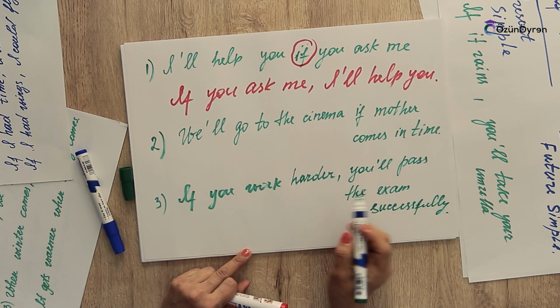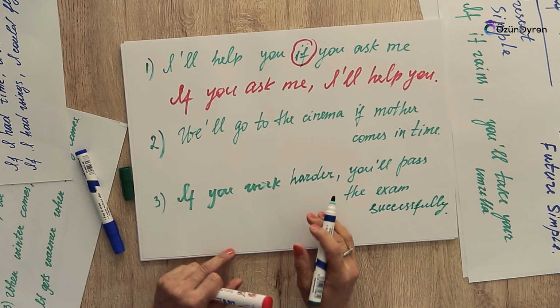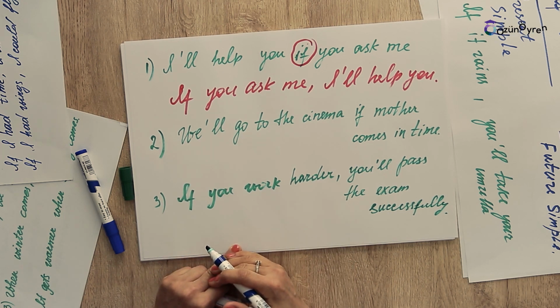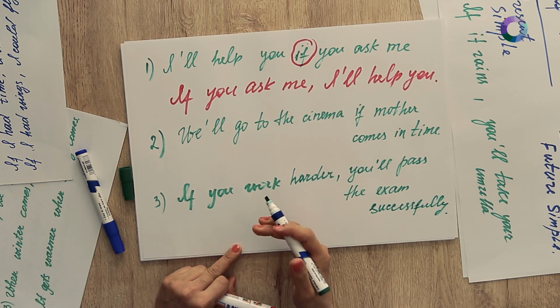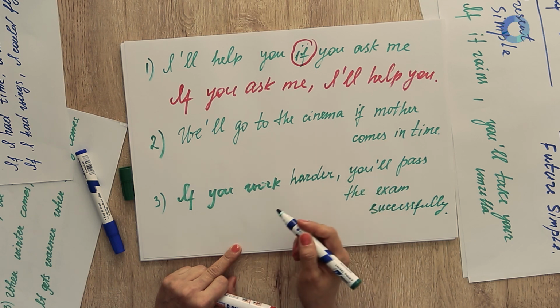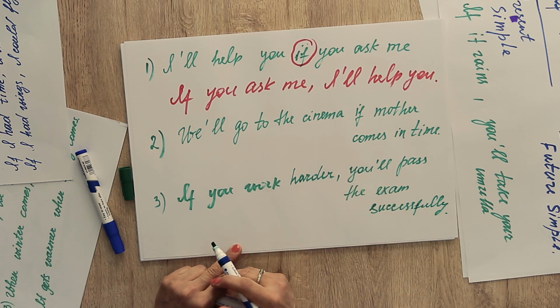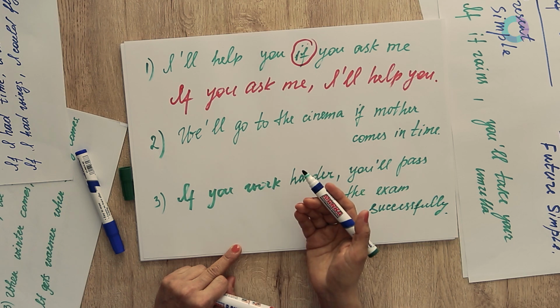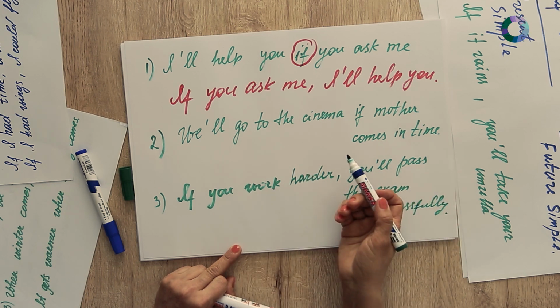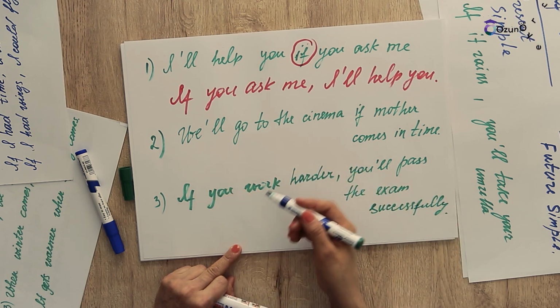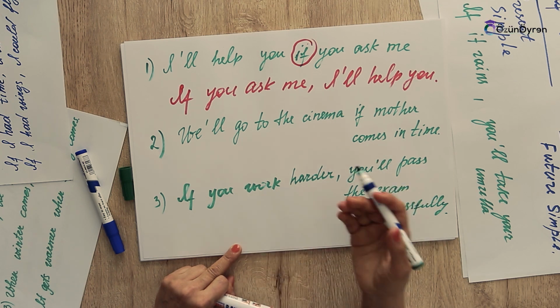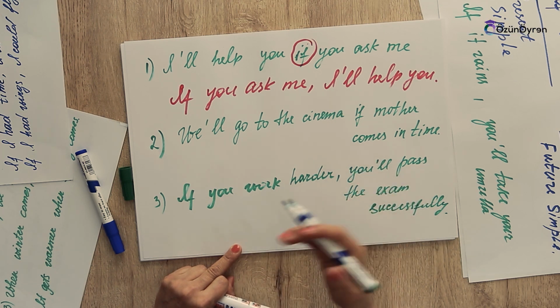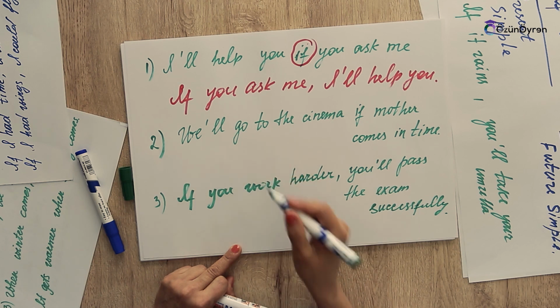So I think it is very clear to you now. I'm going to translate it into Azərbaycani. We'll go to the cinema if mother comes in time. Əgər anam vaxtında gəlsə, biz kinoya gedəcəyik. So it means future, real action in the present and future.